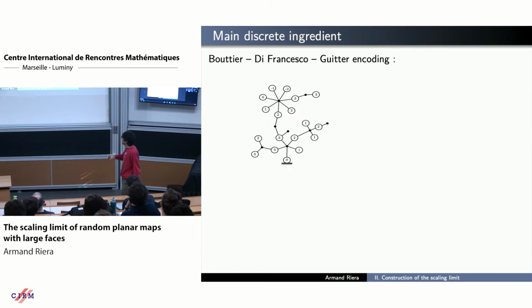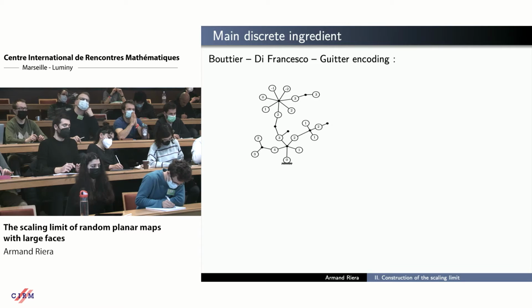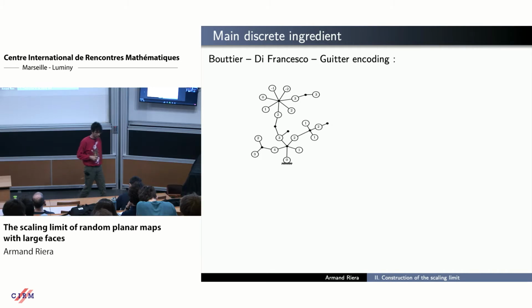As in almost every talk, we are going to consider encodings of planar maps using label trees. So I'm going to use here the Bouttier-Di Francesco-Guitter encoding, and this is a bijection between bipartite planar maps and this kind of trees. So the bijection is more general, but I'm just staying in this particular case.